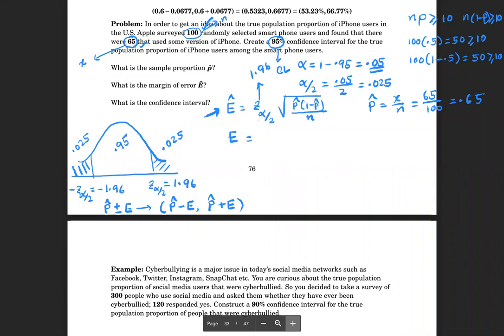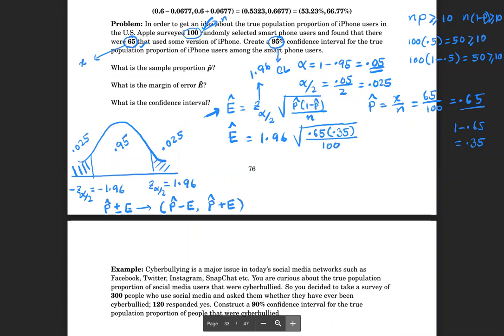So it's going to be 1.96 times square root of p hat, which is 0.65, times 1 minus p hat, which is 1 minus 0.65, which is 0.35. All of it divided by the sample size 100, right?